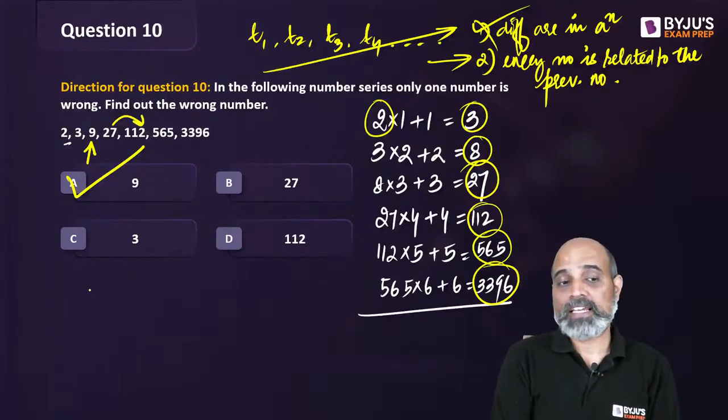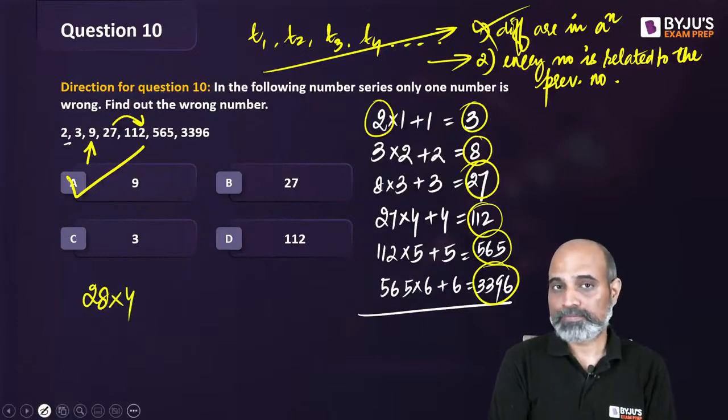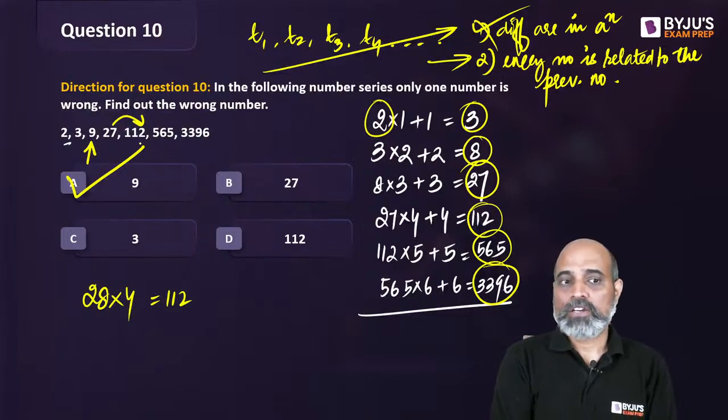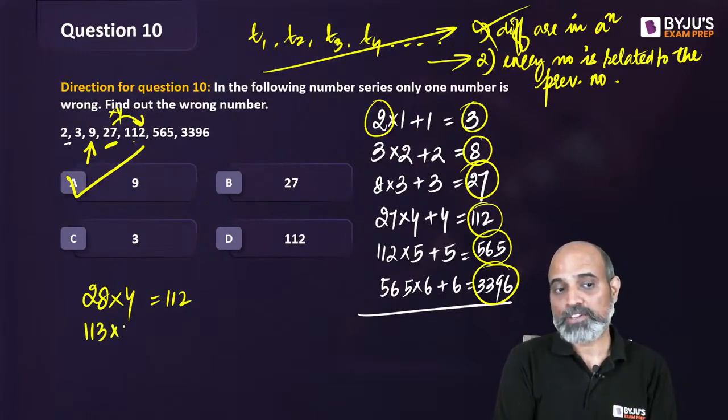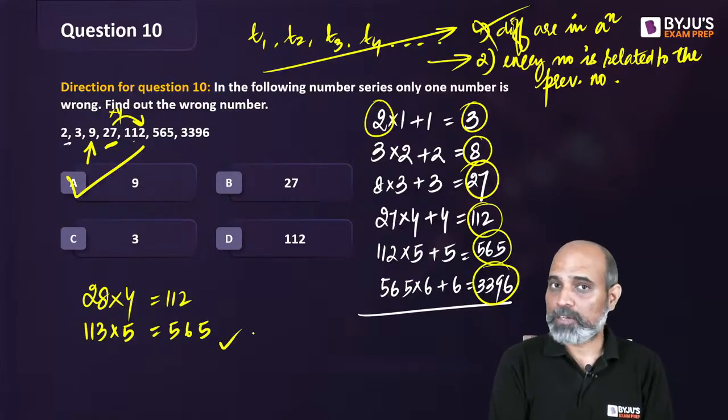And I realized that had this been 28, then 28 into 4 is 112, right? In the same way, 27 into 4 gave 112. So next time, not 112 but 113 into 5 should give me 565, and it worked out.